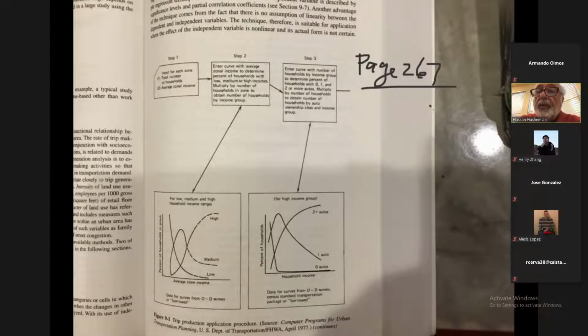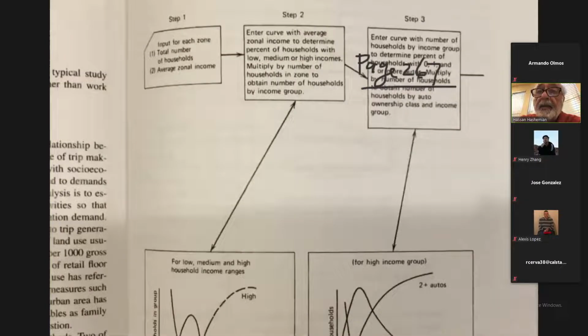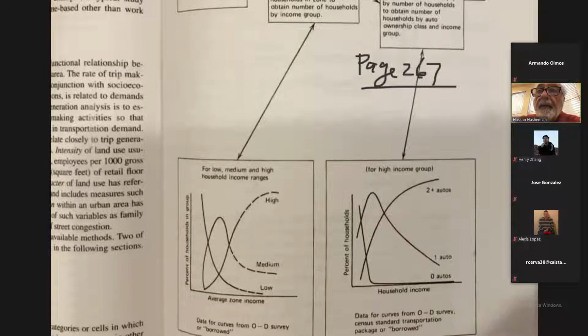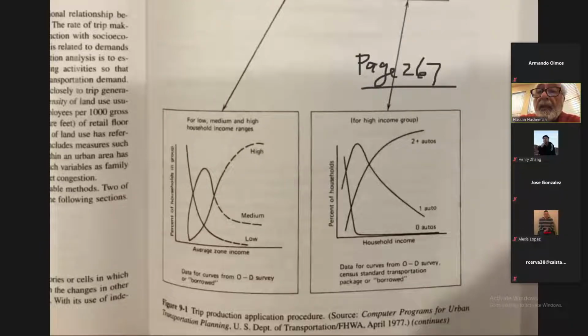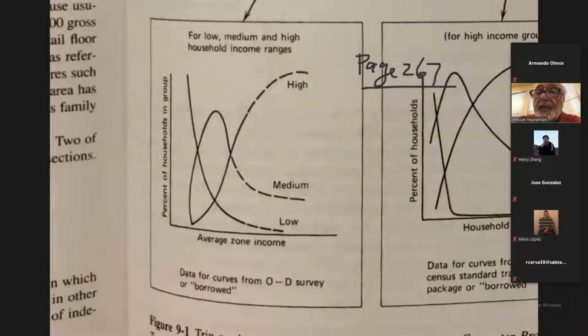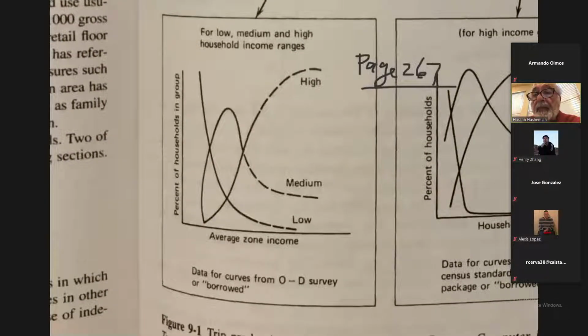Let me show you what this is. For instance, the first graph shows the average zone income. That's another socioeconomic variable that we can use. I told you about income, gender, auto ownership, family size, and so on. So here they are using the average zone income.